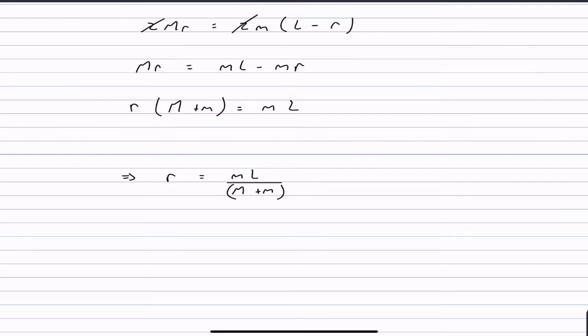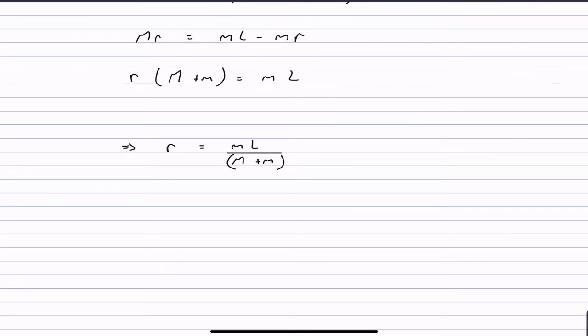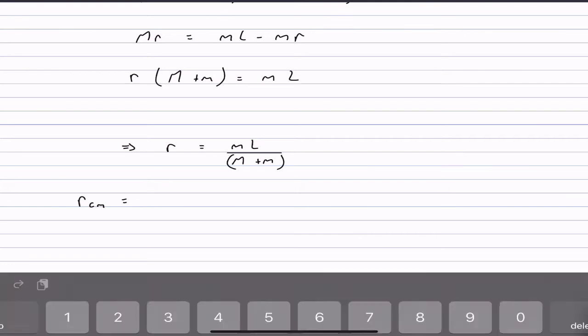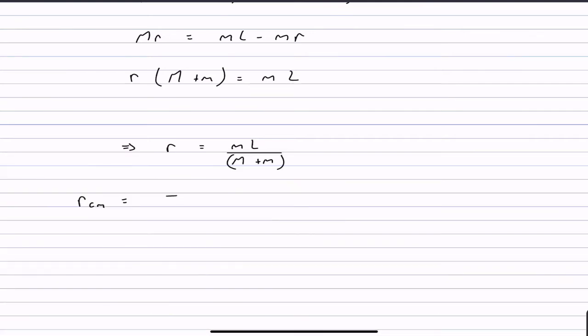Okay, that's really interesting. So let's take a second before we move on to notice something. This looks like something familiar. So what happens if we find the center of mass, just given what we have, right? Remember that the center of mass is the sum of the mass times the particle's position over the total mass.